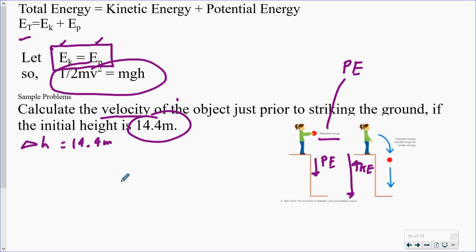So how can we go ahead with this and actually calculate the velocity? Well, let me just take this equation here and let me rewrite it. And actually, let me rewrite it with the 2 in the denominator. So mv squared. And again, for the v, we can sort of think of that as either velocity or speed. In this case, it is going down, so we can consider it to be a velocity, divided by 2.